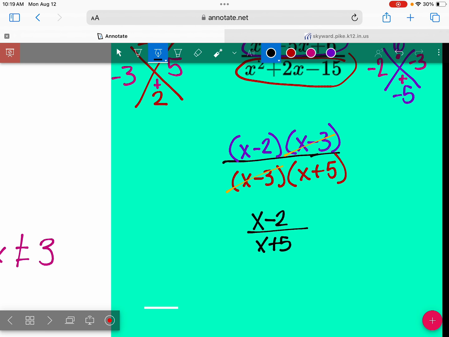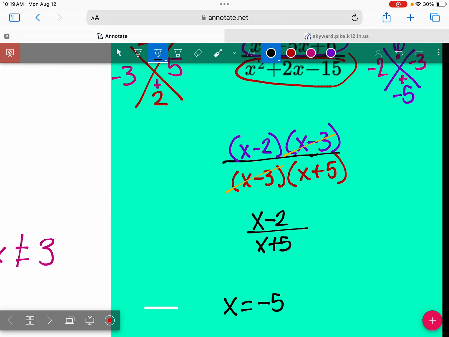What value or values cause us problems in the denominator? Negative 5 does. How about for our original equation, which is what the question was about? Is there another value that will cause us problems in the denominator? This part, in factored form, still causes us problems.